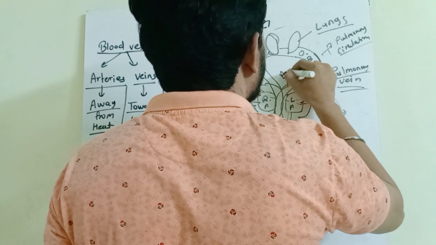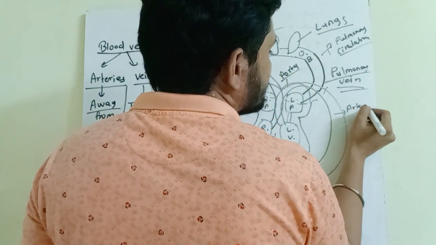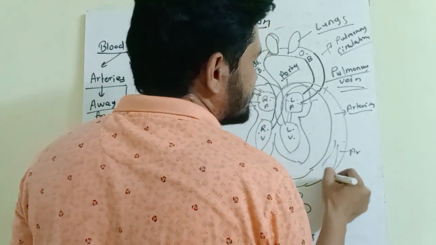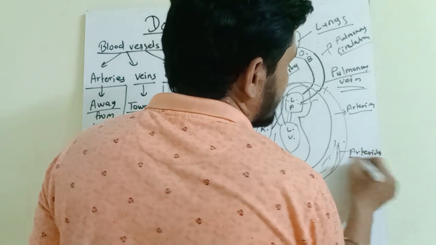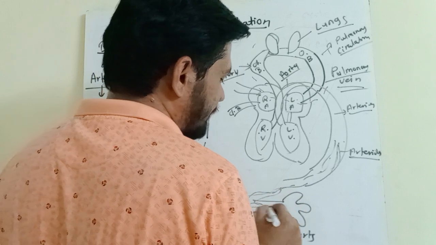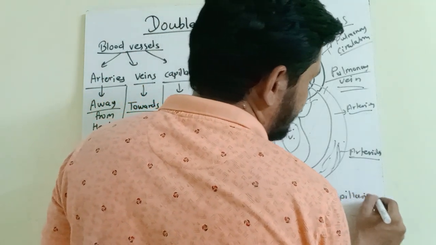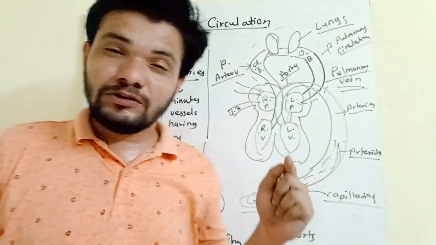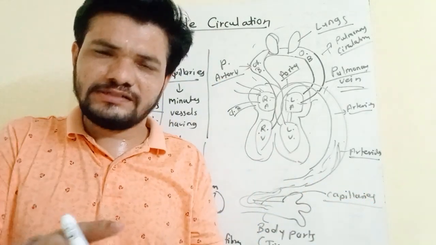Here we will write aorta, then arteries, then arterioles, which are minute vessels actually, and then it goes into the capillaries, and capillaries will be helping to transport this blood to each and every part of your tissues and the cells.